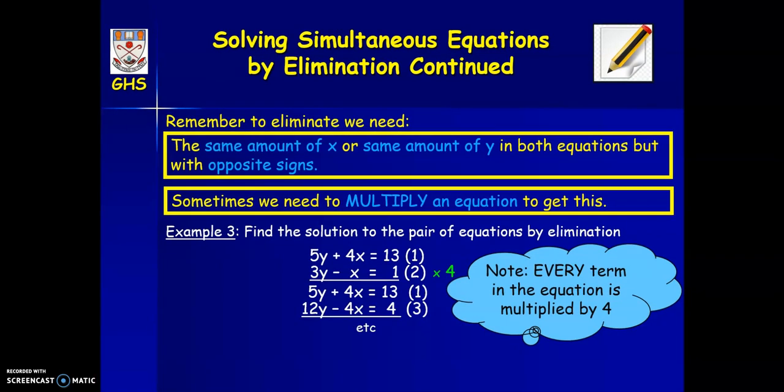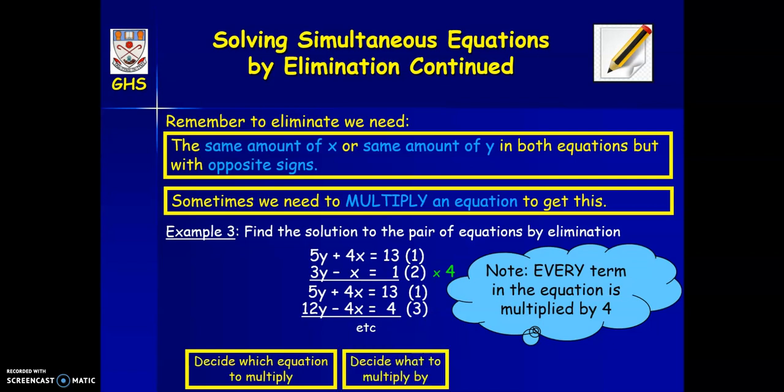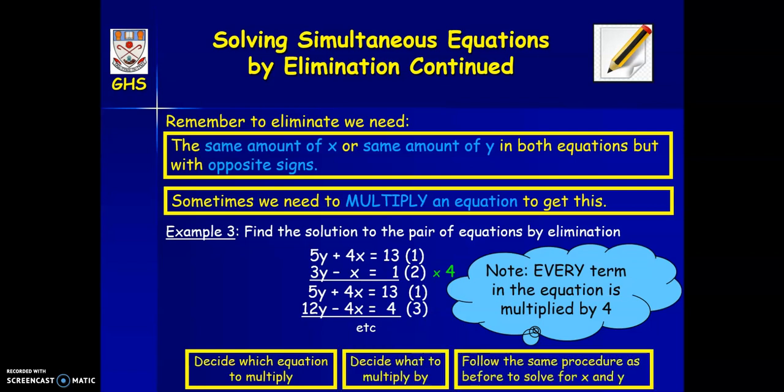So we just proceed as before, but please note, since equation 2 has changed, we now relabel that as equation 3. So just to recap, we decide which equation to multiply, we decide what to multiply by, and then we follow the same procedure as before to solve for x or y.